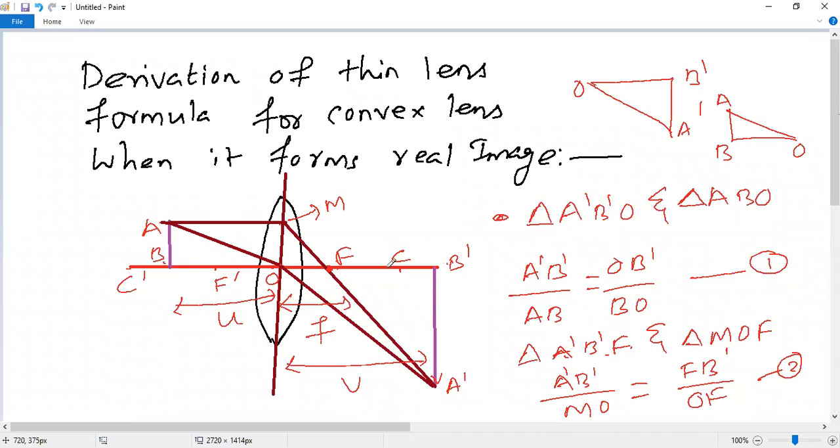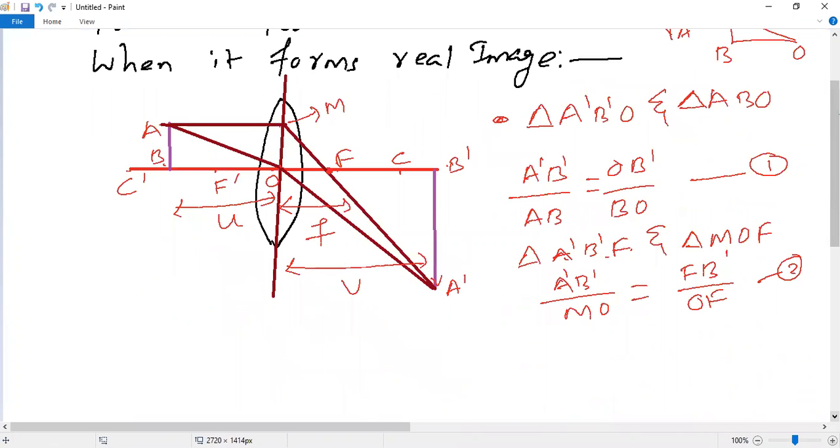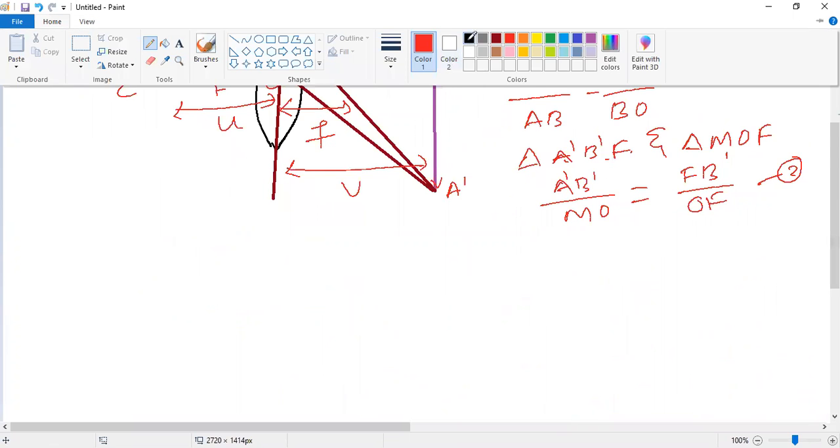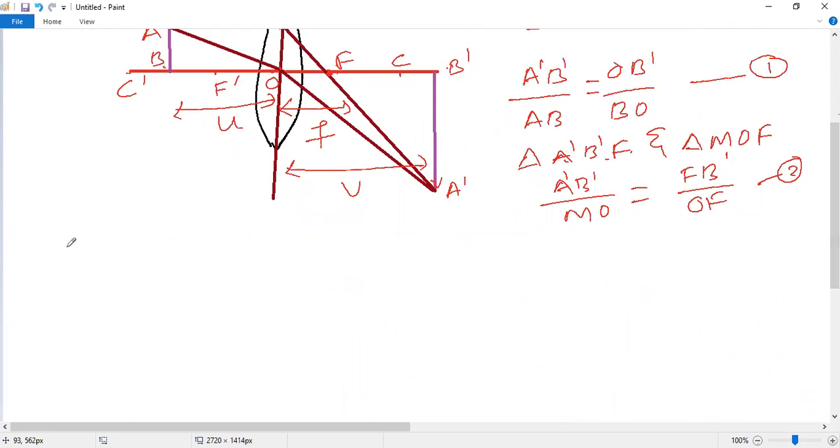This much I am taking. Okay, now equation number 2 is done.